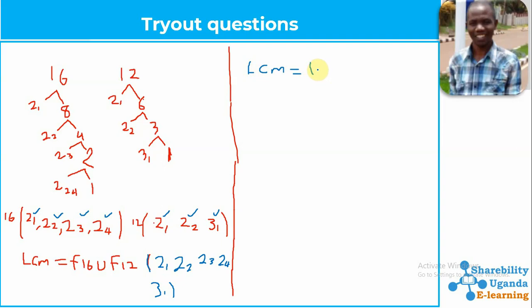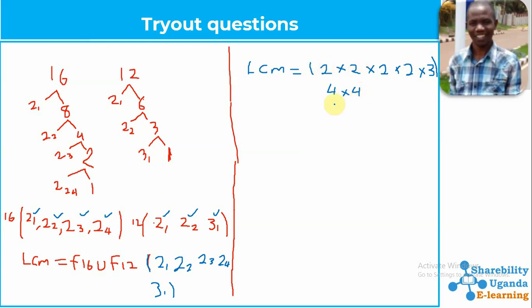So here we shall have 2 times 2 times 2 times 2, and then times our 3. So this is going to be our LCM, where this is going to be our 4 times 4.